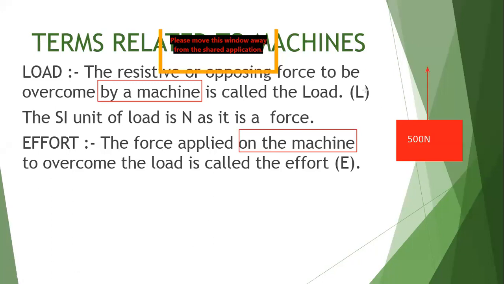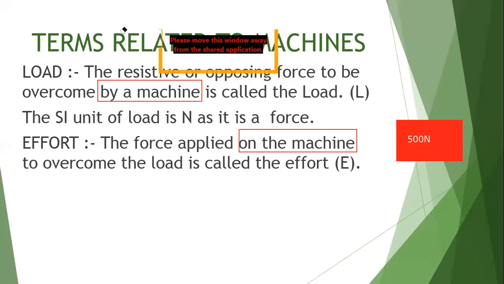Let's continue with the same example. This is a box. How much is the weight of the box? 500 Newton. Now you want to lift it. If you lift it directly, you have to apply a force of 500 Newton. But the problem is you cannot exert that much force. So what will you do then? You will use a machine.